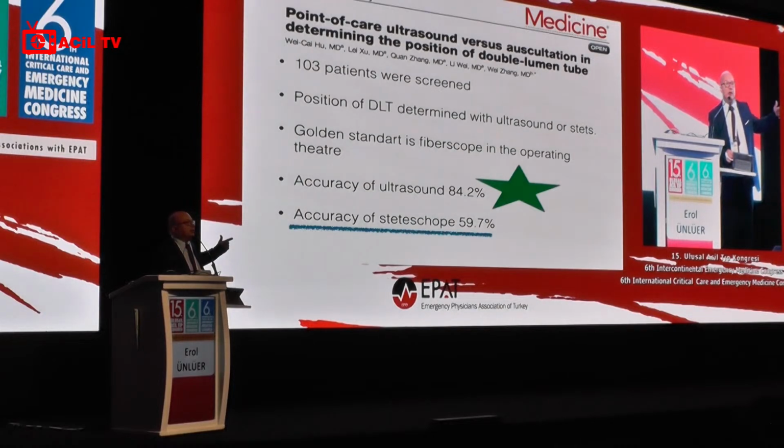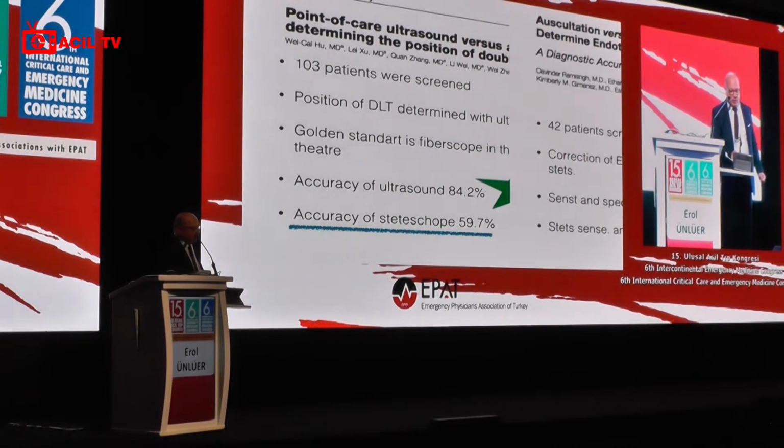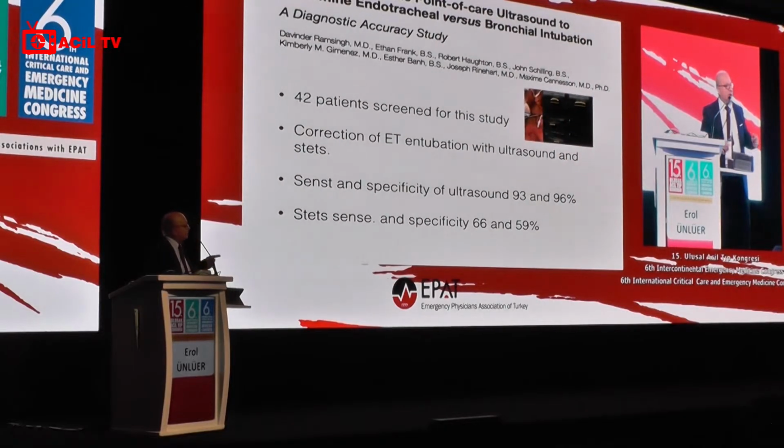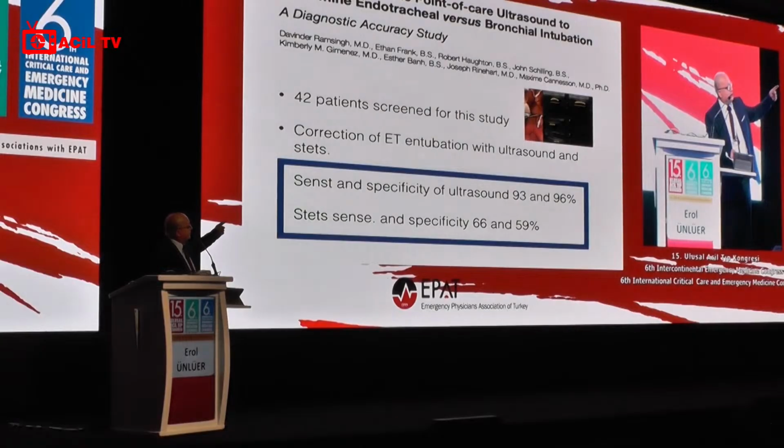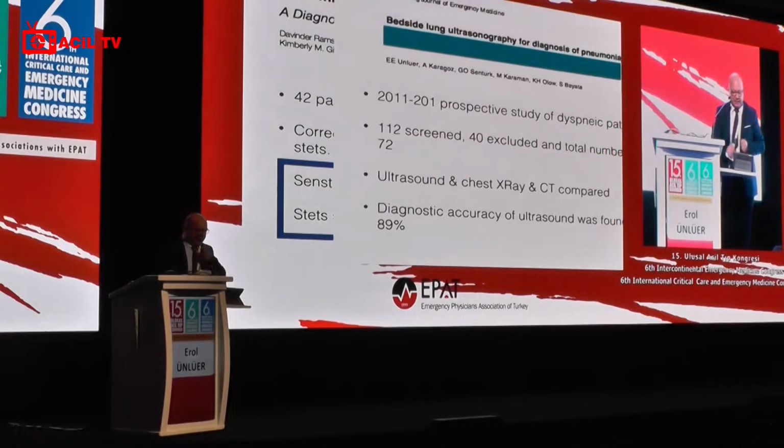The stethoscope has an accuracy of 60%. Also, we can use our ultrasound for determining a single lumen endotracheal tube, and we see a high sensitivity and specificity with ultrasound, over 90%, compared to the stethoscope, which is approximately 60%.